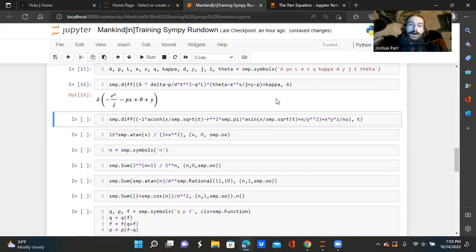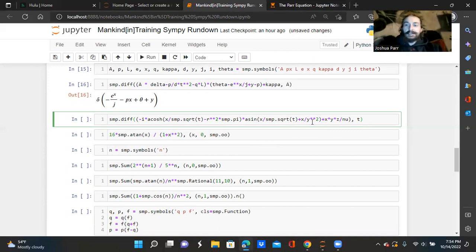And now I'm trying a different function, differentiating again. I'm getting the derivative negative I times a cosh of x over the square root of t minus r squared times pi times a sine of x divided by the square root of t plus x divided by y squared plus x times y times z divided by nu, and differentiate with respect to tau.